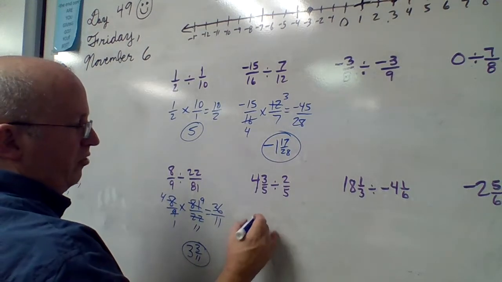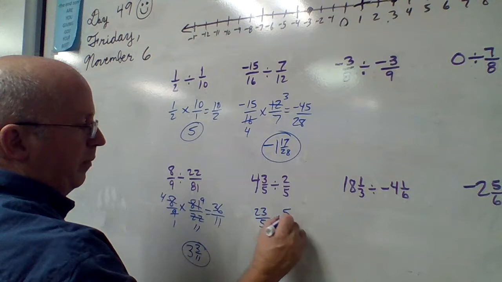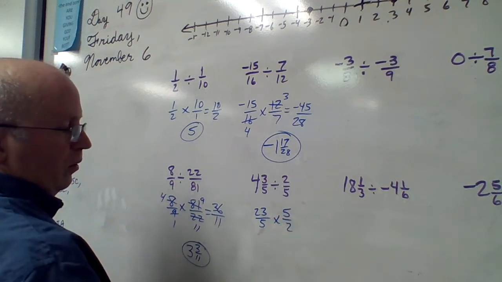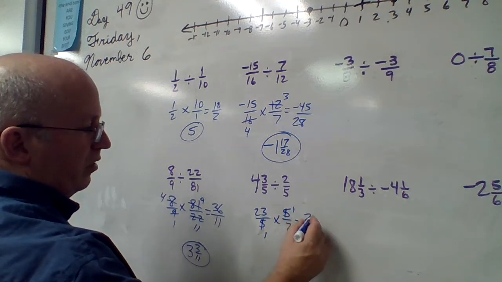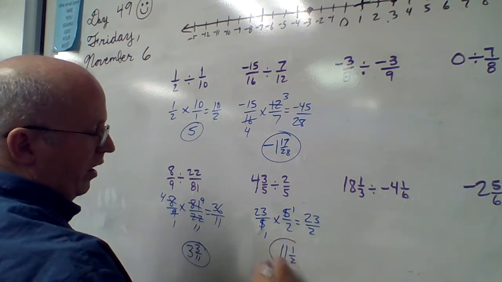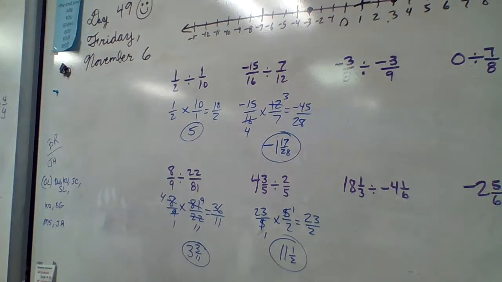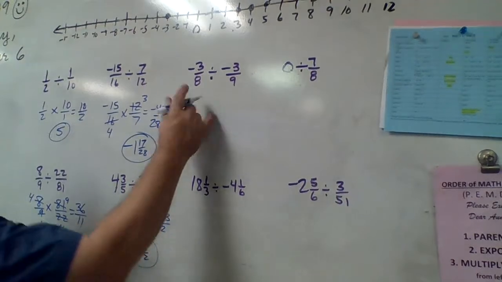Here I'm going to have to change it to a fraction first, and then I'm going to have to multiply by the reciprocal. Ooh, I can divide by 5 and divide by 5. I get 23/2, which is 11 1/2 if I do the long division to change it back into a mixed number. How about this one?